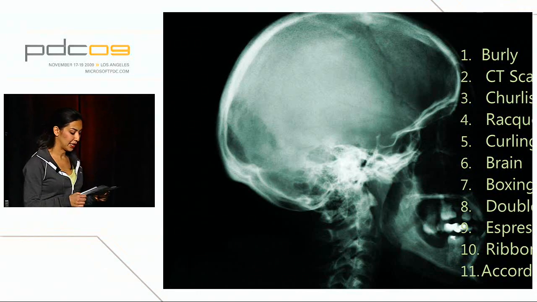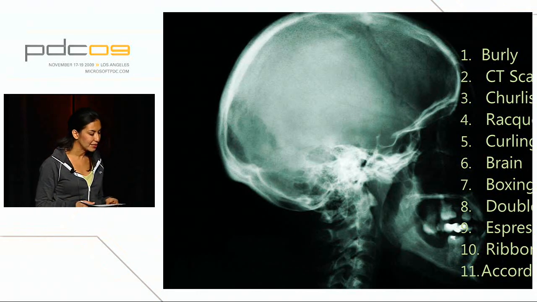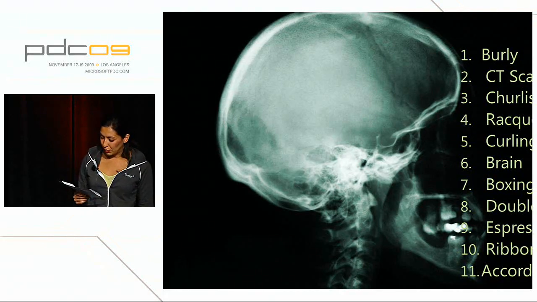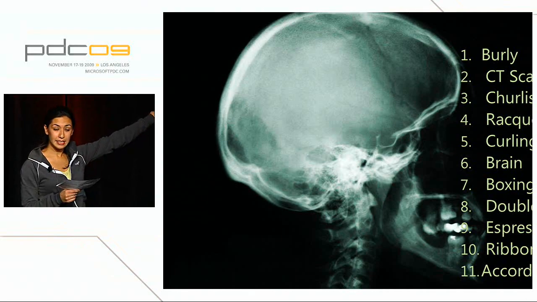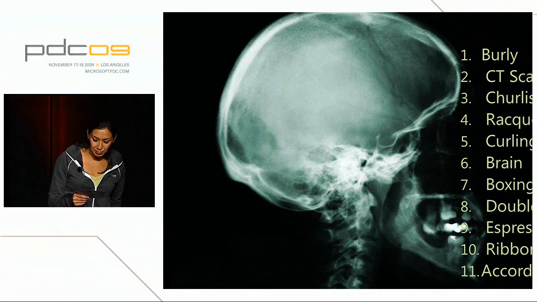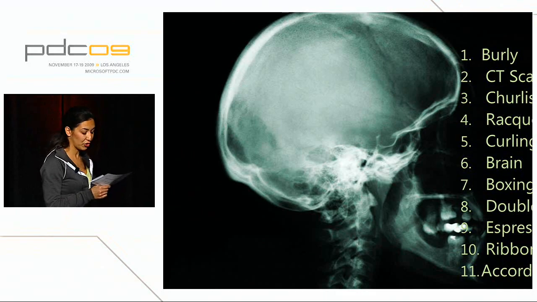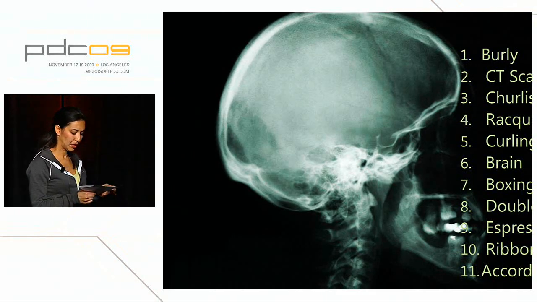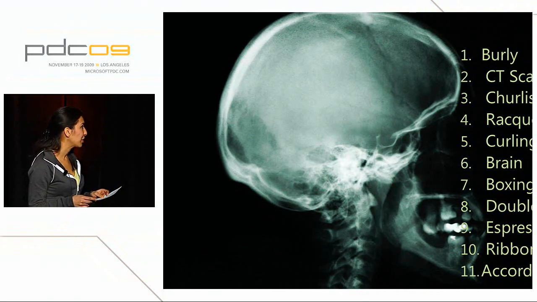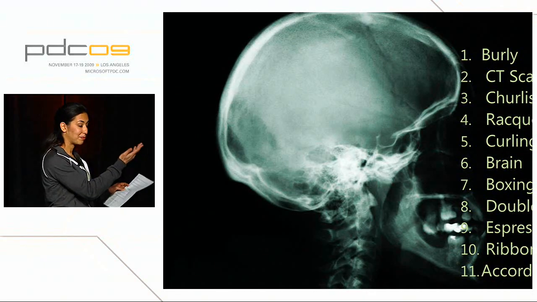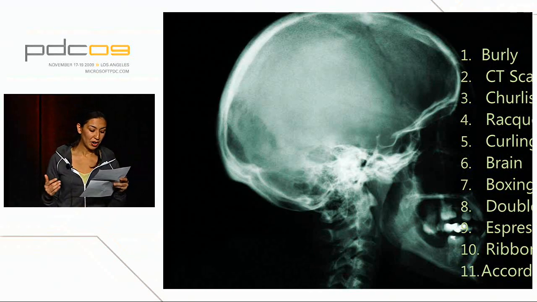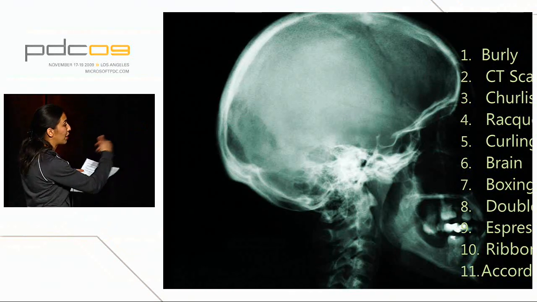Writing a burly application or component in any platform is similar to keeping tabs on one's health. When you reach the point at which you are taking CT scans, it means that you could have just been a bit more churlish when playing either racquetball or curling. We can look at the system at different levels. We can monitor our brain, and while boxing, or our frame rate while double-clicking.